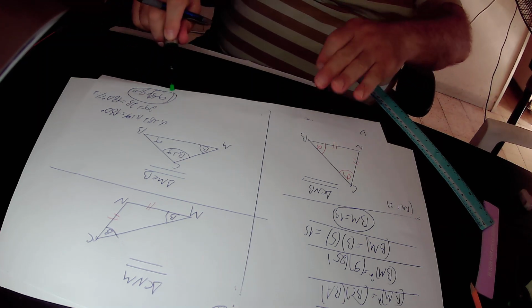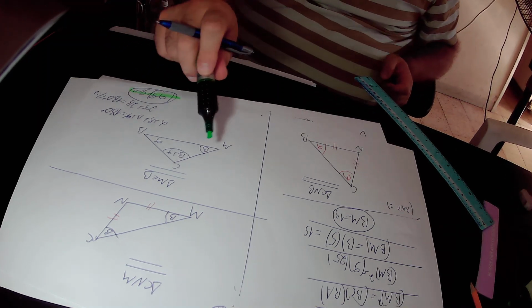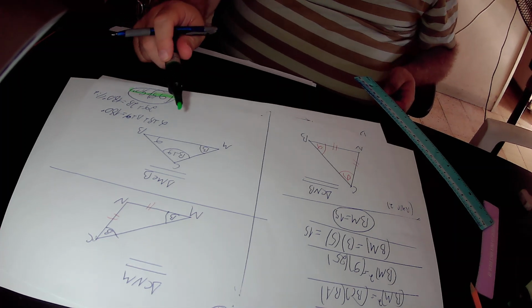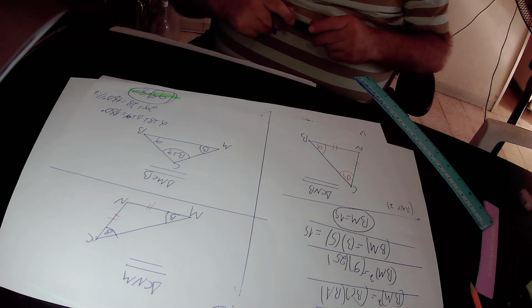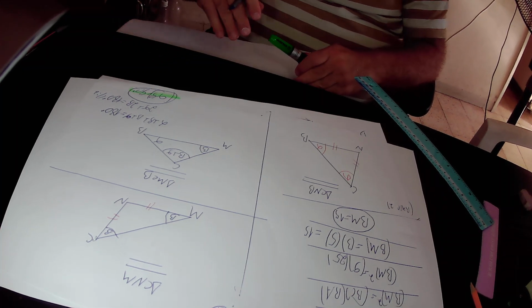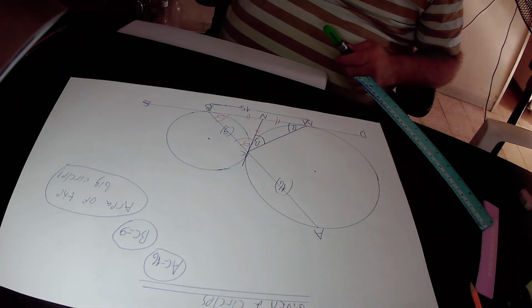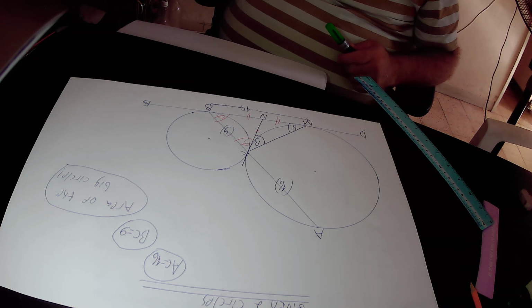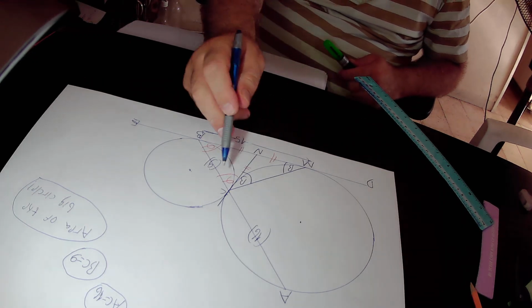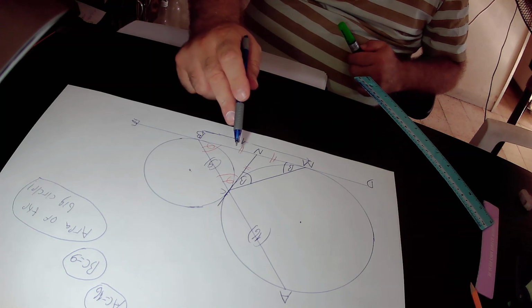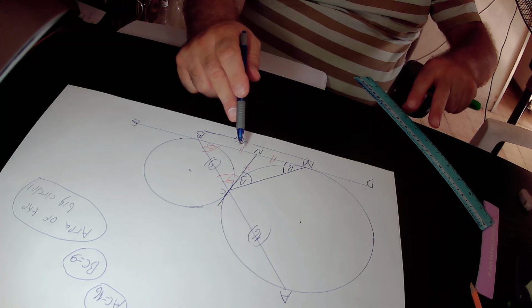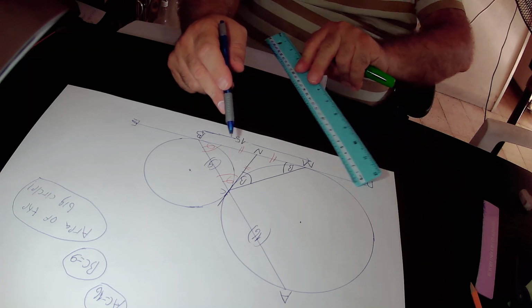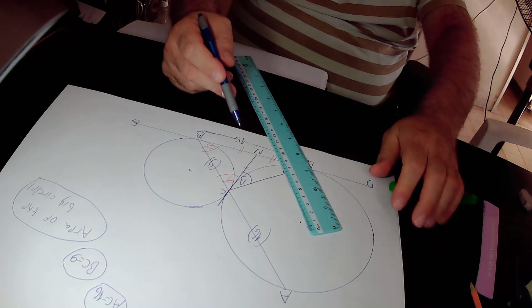So we found out that this big angle MCB, which is equal to alpha plus beta, is a right angle. This is the big angle MCB, equal to alpha plus beta, and alpha plus beta is 90 degrees, so angle MCB is a right angle.